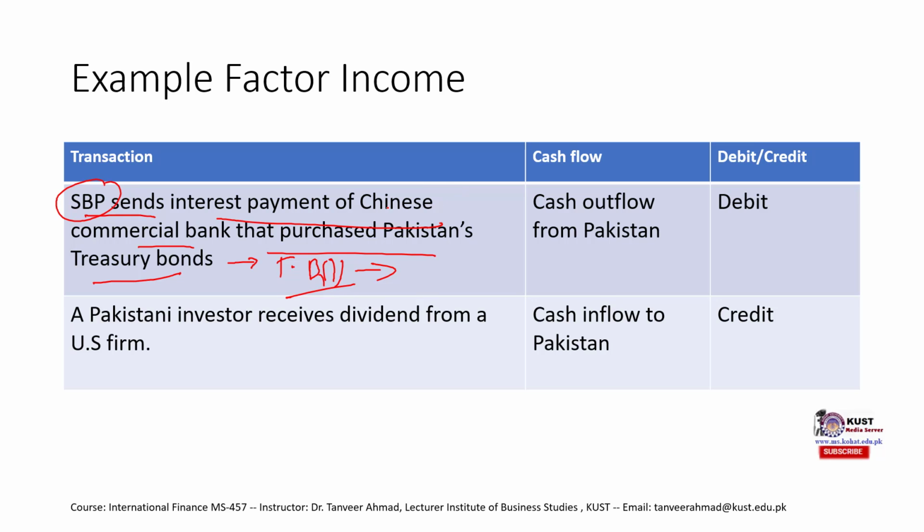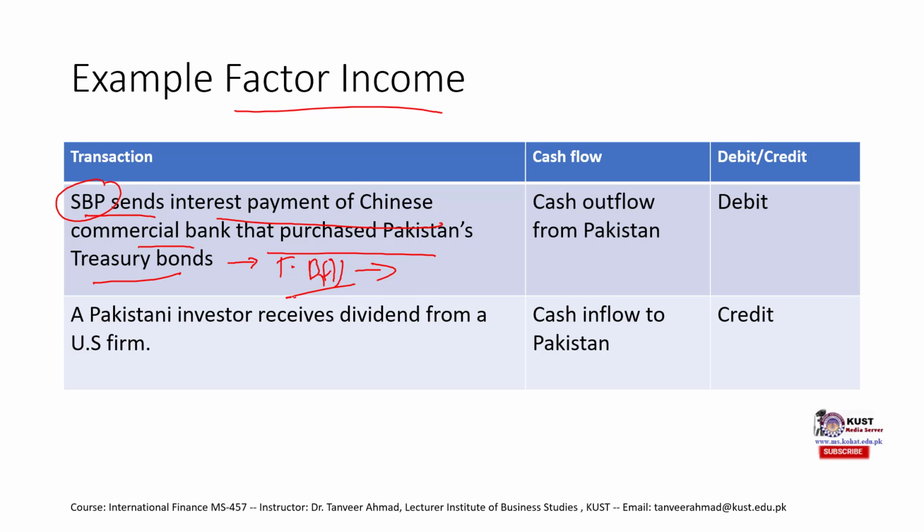So if a Chinese bank purchased some T-bills, after some time the State Bank of Pakistan would pay them the interest. That interest part, not the payment of the T-bills but just the interest, which SBP is paying the Chinese commercial banks, would be recorded in factor income.